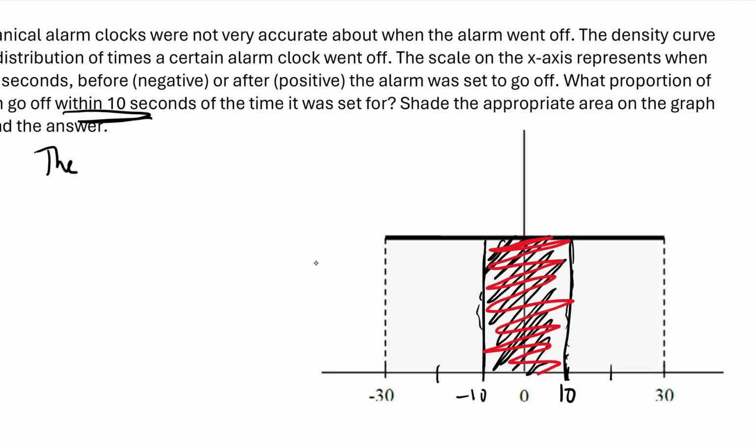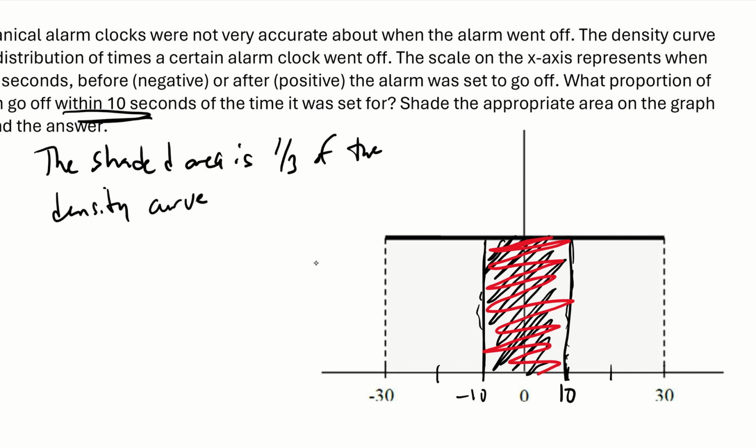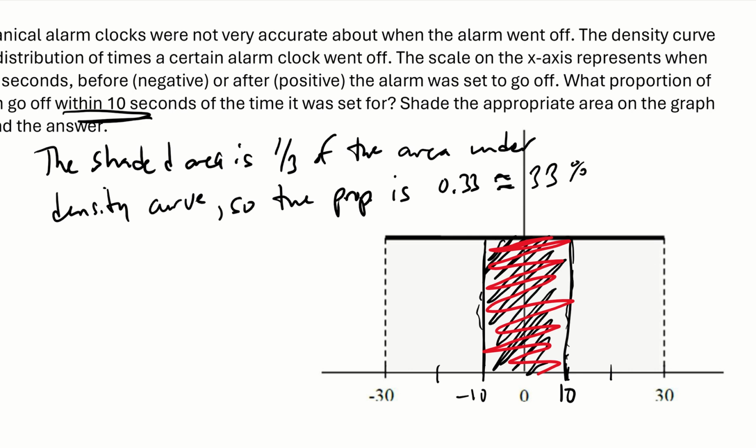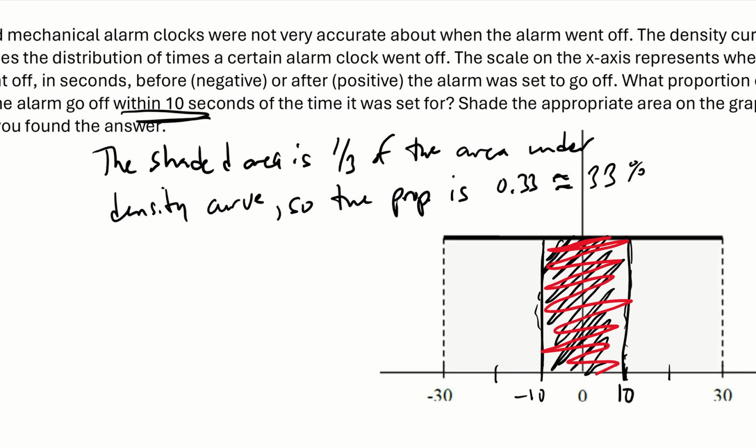The shaded area is 1/3 of the area under the density curve. So the proportion is 0.33, or 33%, or you could say 1/3. That would be sufficient, and you can get full points for that, because that's specifying your reasoning and then your answer.